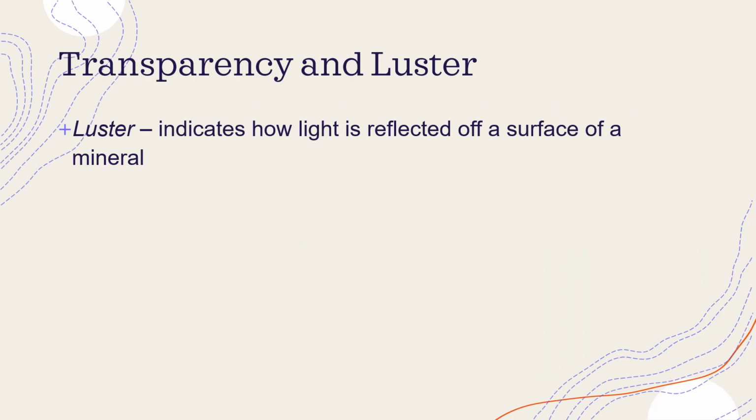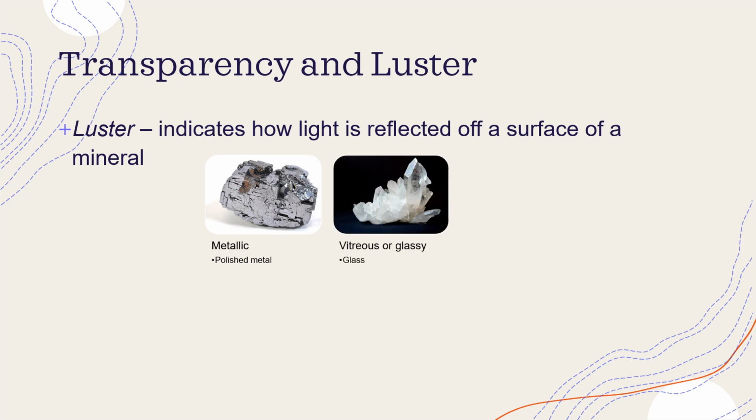Next, luster indicates how light is reflected off the surface of a mineral. Some of the qualitative terms that describe this property include metallic, if it looks like a polished metal, for example galena and pyrite. It can also be glassy or vitreous if it has the luster of glass. An example for that would be silicate.